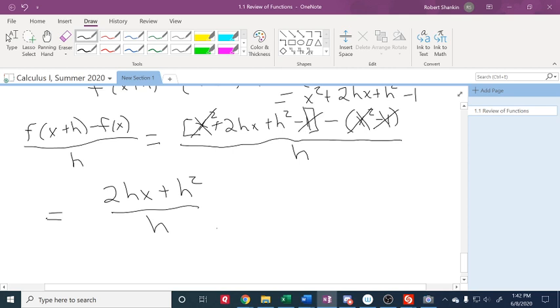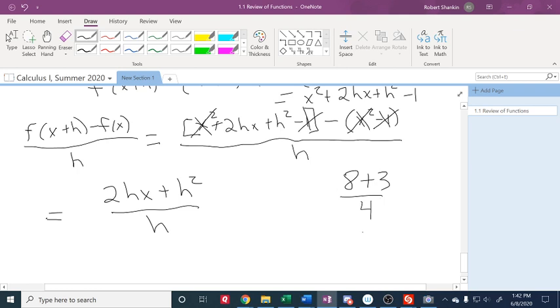Alright, at this point, I'm going to wonder, can I reduce this? Can I just cancel this h with this h right over here? That would be similar to something like 8 plus 3 divided by 4. Can I cancel this 4 with this 8?